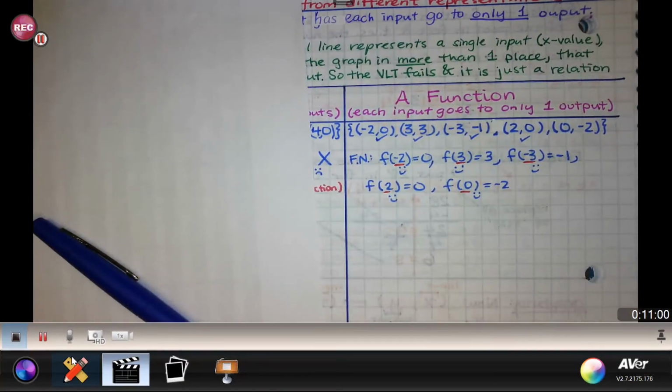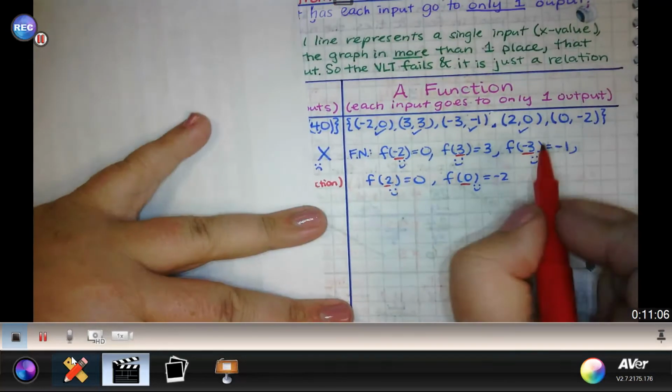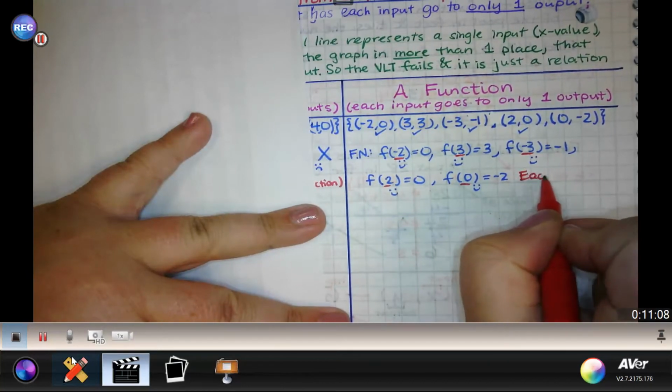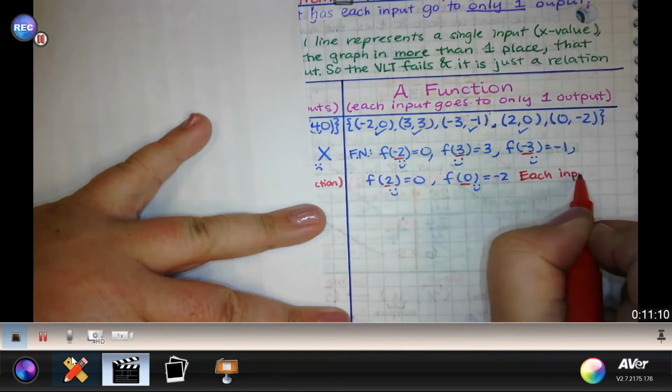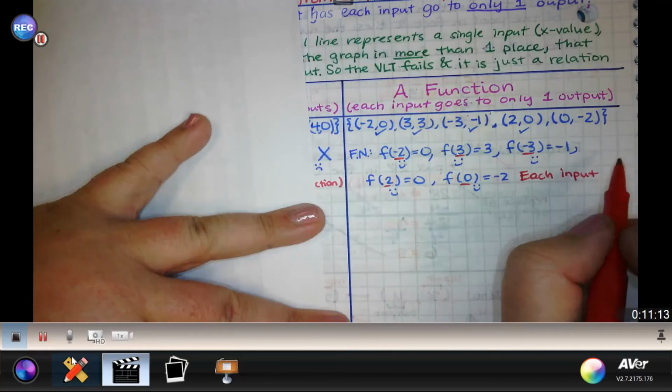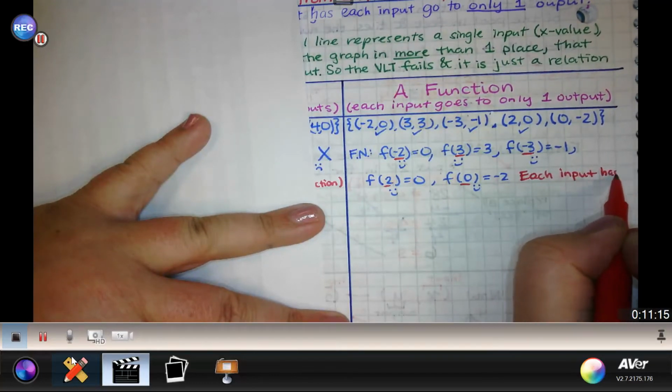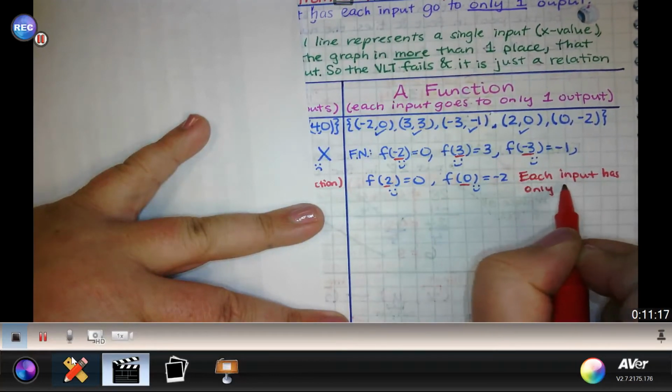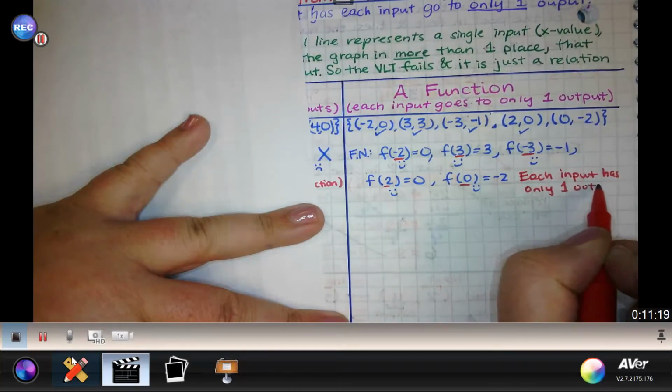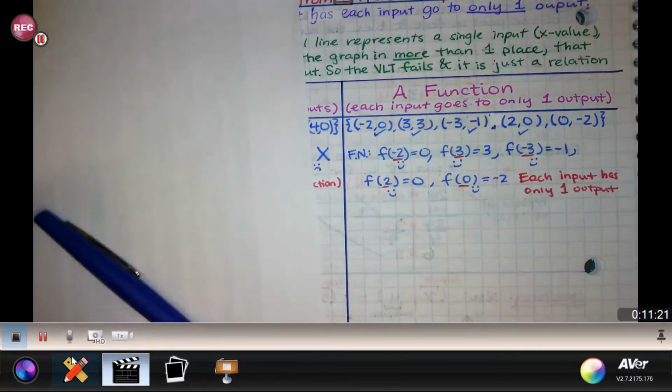Each one only has one output. It just gives you the one drink you want. So each input has only one output. Okay, and that makes us happy.